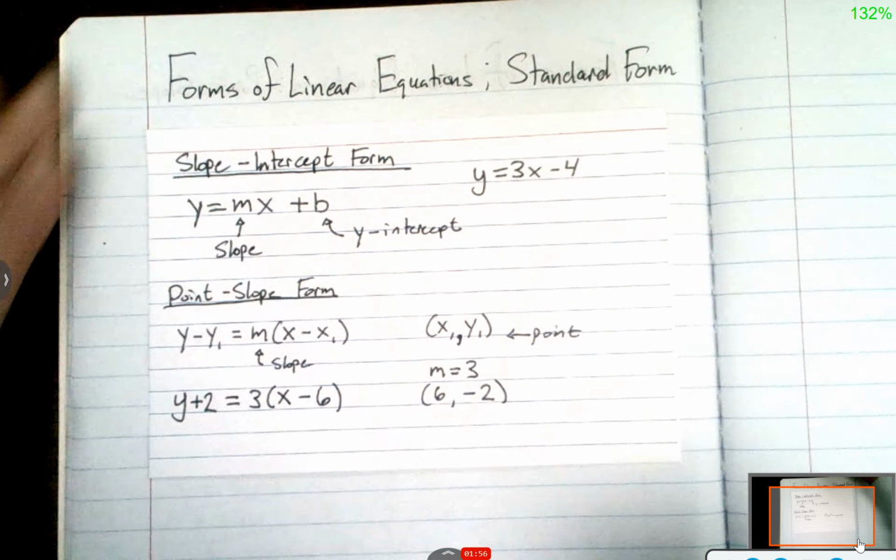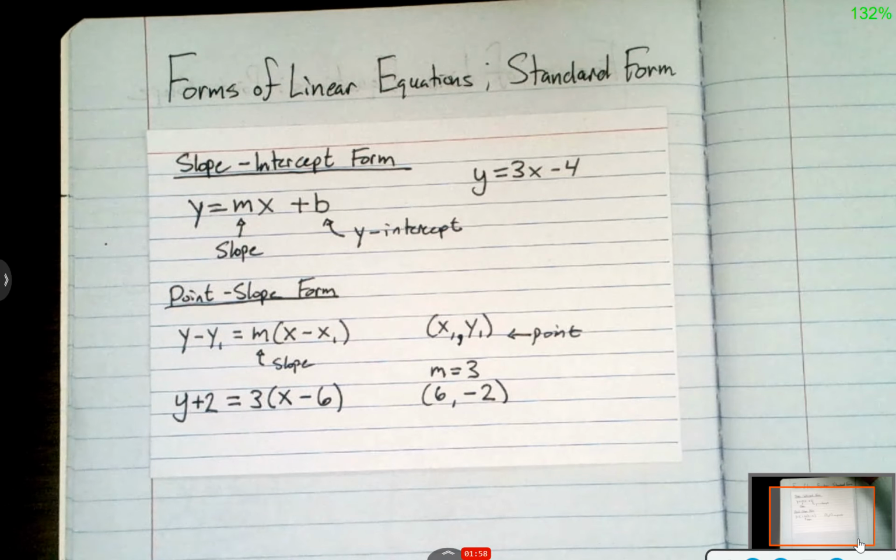In this equation, I can see my point. You do have to do a bit of thinking, but my point is 6 comma negative 2, and my slope is 3. So point-slope shows you a point and the slope.